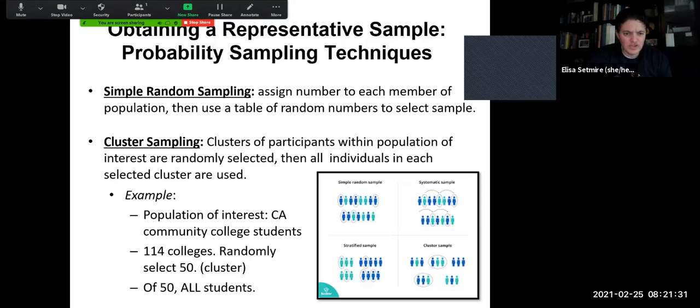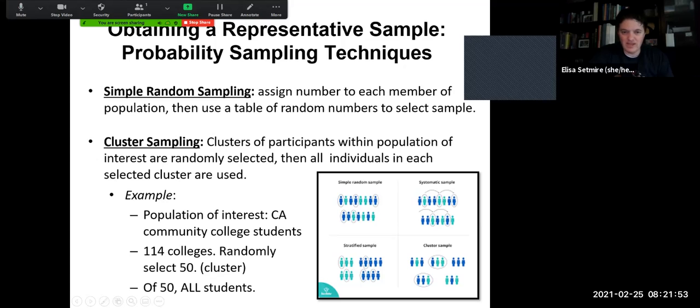So let's say, for example, my population of interest is all California community college students. If I were to do cluster sampling, there are 114 colleges in the California community college system. I would randomly select 50 clusters, 50 colleges. Each college could be considered a cluster.